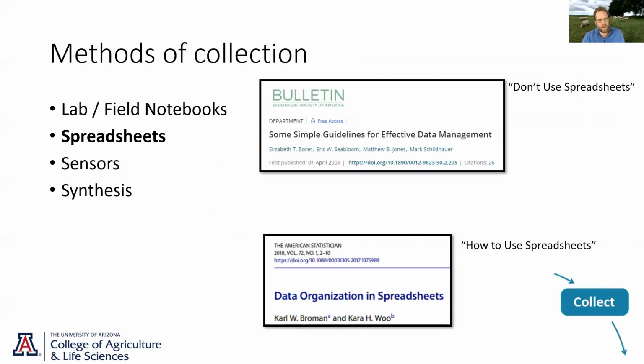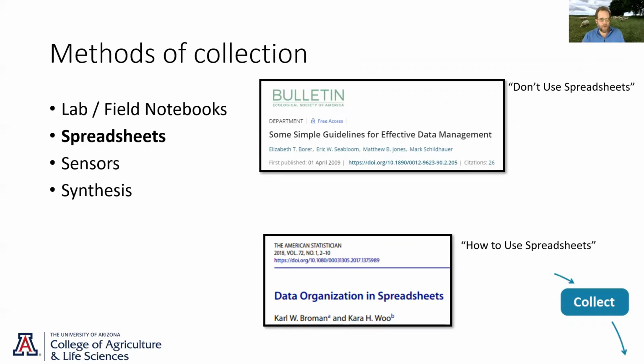I'm going to focus mostly on spreadsheets, because a lot of times sensors will generate a pretty standard, consistent data type, and then there are ways in which you have to process those. Or you can create tables, and the tables that those sensors create will follow a lot of the same rules that a spreadsheet will.